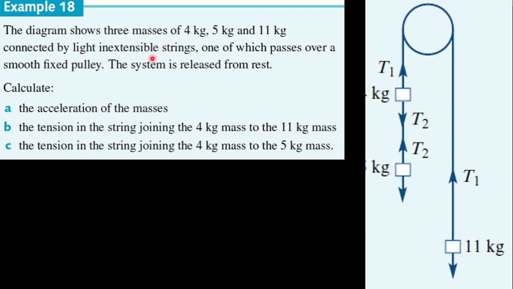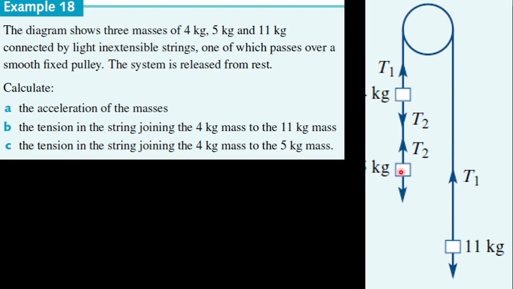Now the diagram, three systems. You have masses 4, 5, and 11, released from rest. I'm just trying to remember, because I cut off the amount. Oh, that's 11, so it's going to be 4 and 5.